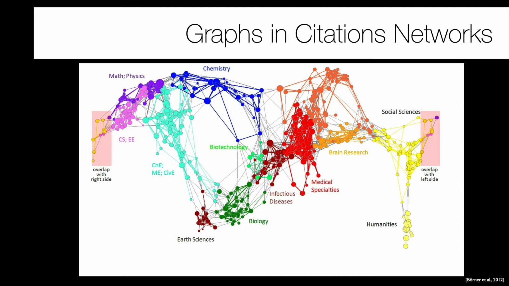So in this visualization of papers in scientific literature, you can look at authors who cite each other or papers that cite other papers in different domains, where there's humanities that are tightly connected to the social sciences, which are themselves tightly connected to brain research, for neurology, or psychology, which are also tightly connected to medical specialties, down to infectious diseases, and so on. So you can sort of graph or track the way the web of science connects together.